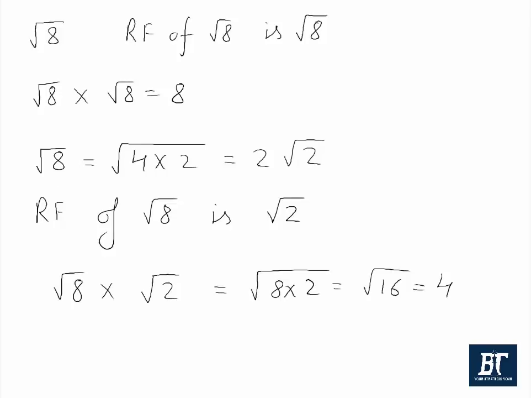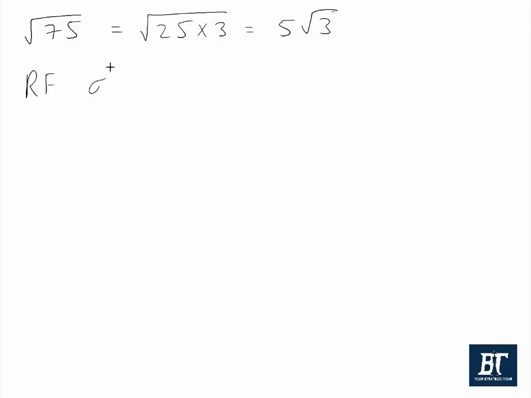Let's do a few more problems. Let's say we need to find the rationalizing factor of root 75. First step is we simplify this. So this becomes 5 root 3. So rationalizing factor of root 75 is root 3. This is the answer.